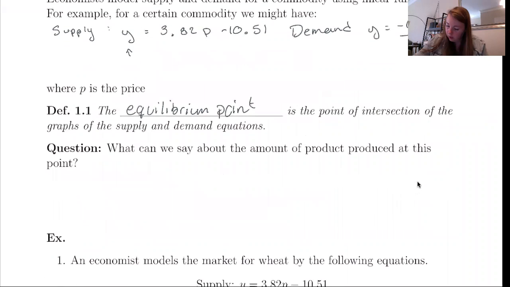So, what can we say about the product produced? Oh, it's the product produced. If I increase the price, I'm also going to increase the number I'm making so I can make more profit. That's supply. Okay. So if I draw a beautiful little graph, supply is our increasing one, right?